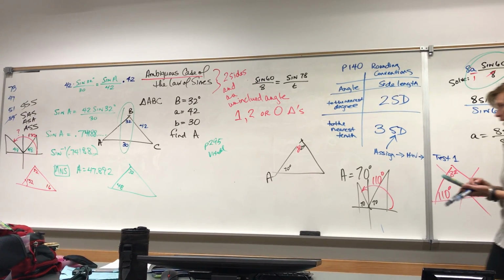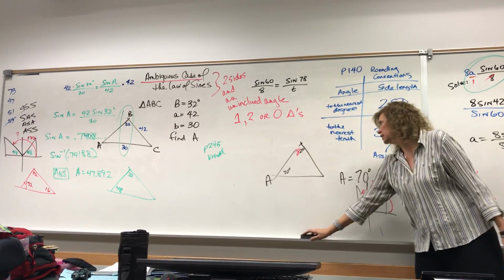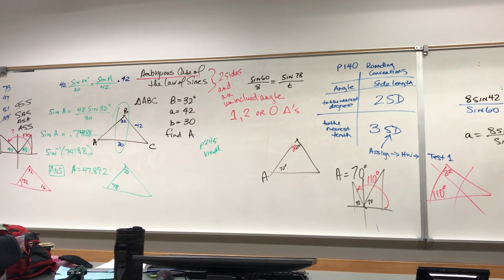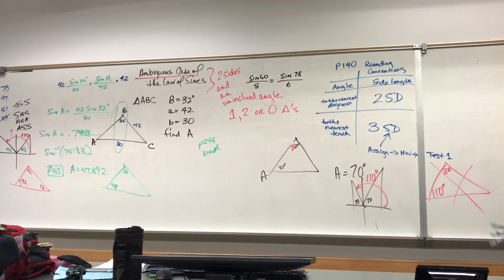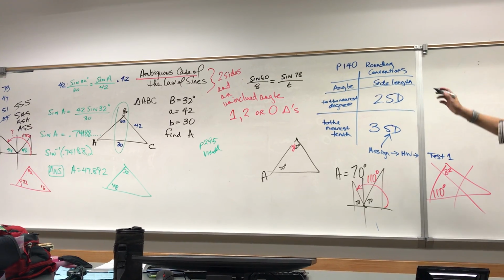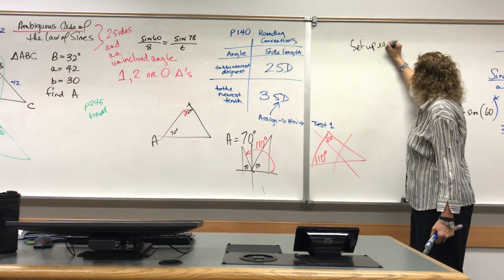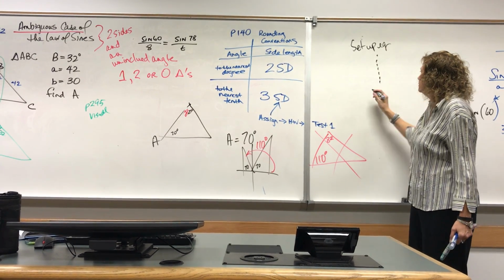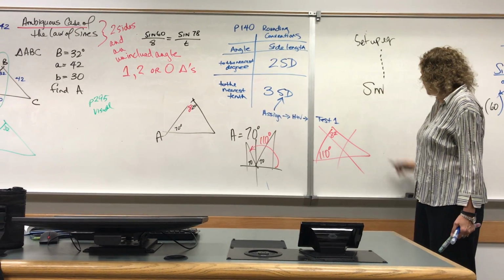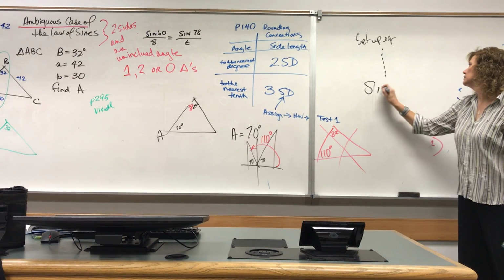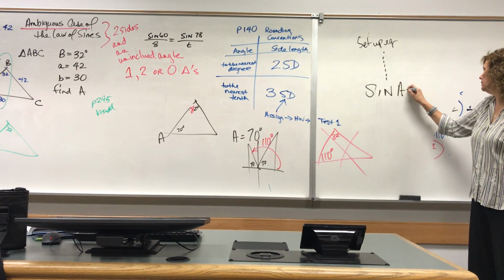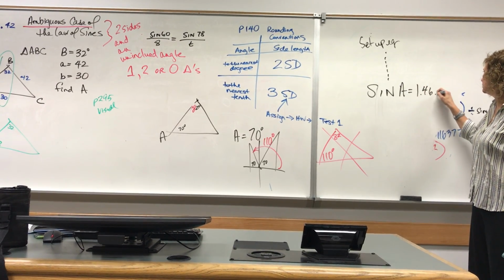Okay, when could I possibly get no triangles? You set up your equation. You're going to do all your math. You're going to get the sine of A equals 1.46, blah, blah, blah.